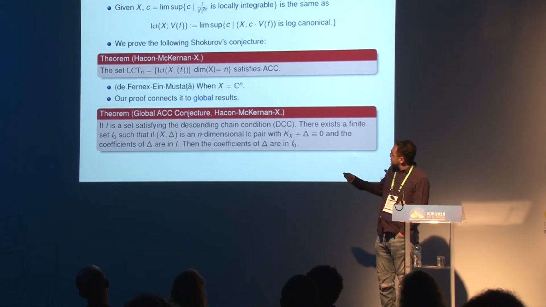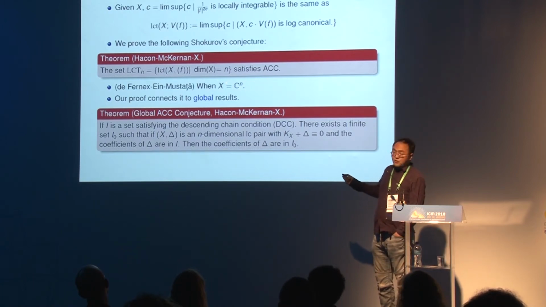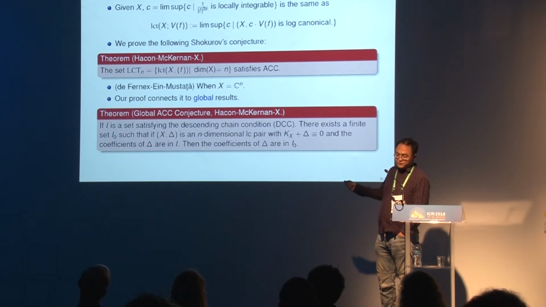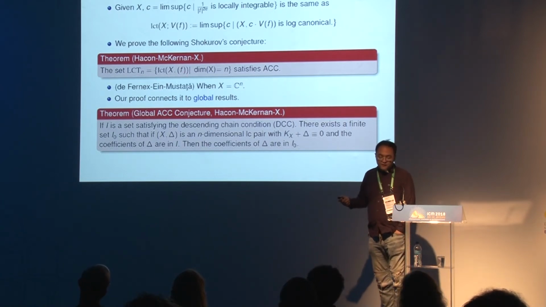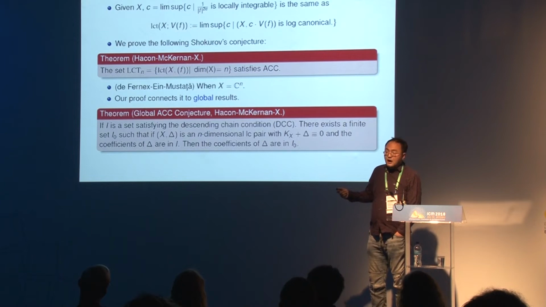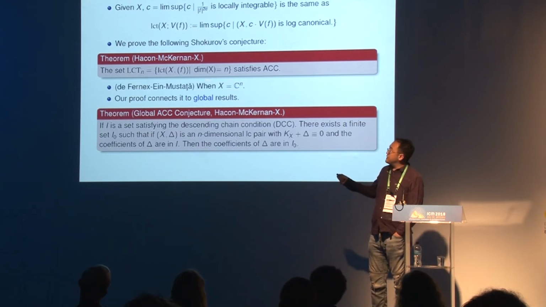So when X is smooth, because this is local, I can just assume X is C^n. Then this ACC conjecture was actually proved by de Fernex, Ein, and Mustață. But their proof is of a very local nature, and in our proof we reduce this kind of question to global questions.